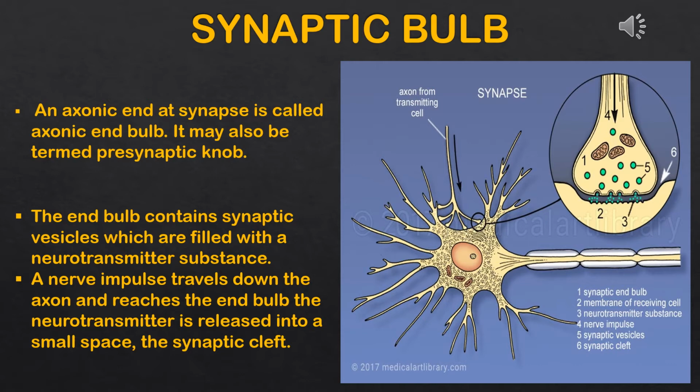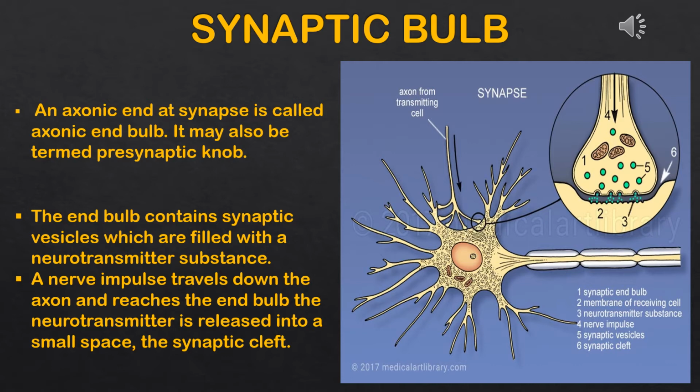That arrow. Number 5, synaptic vesicles, the comparatively bigger green colored vesicles. And number 6, synaptic cleft, the 6 white arrows. Okay. An axon from the transmitting cell.